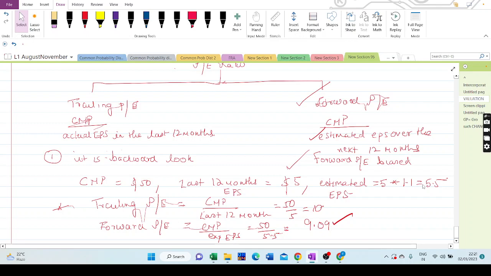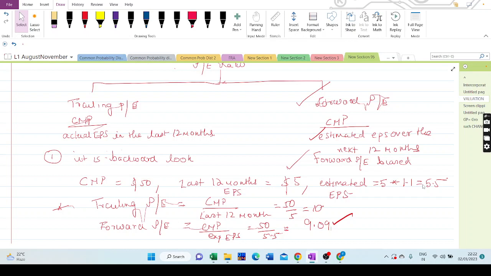But if it turns out to be less than 10%, then our forward PE would be incorrect. It would be biased. Right, guys? Victor, we had estimated that EPS would grow by 10%, but in reality the actual growth is less than 10%, say 5%.